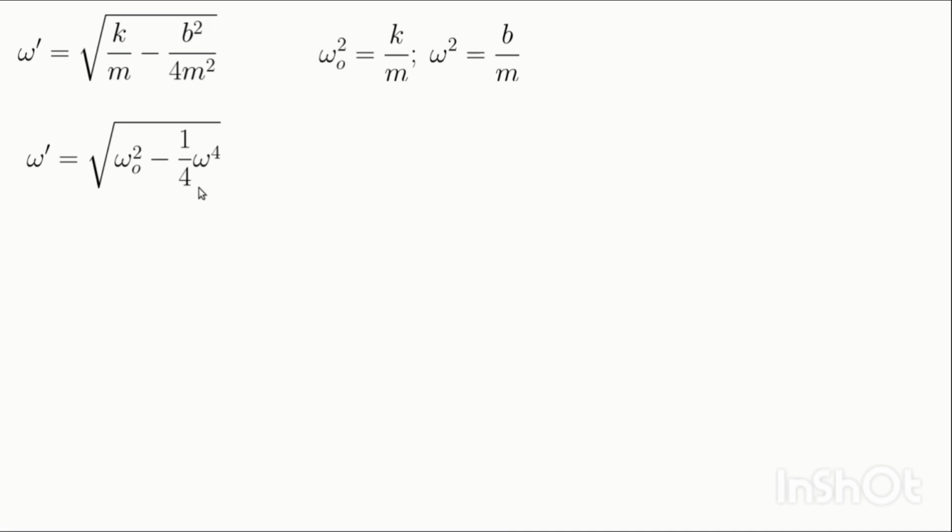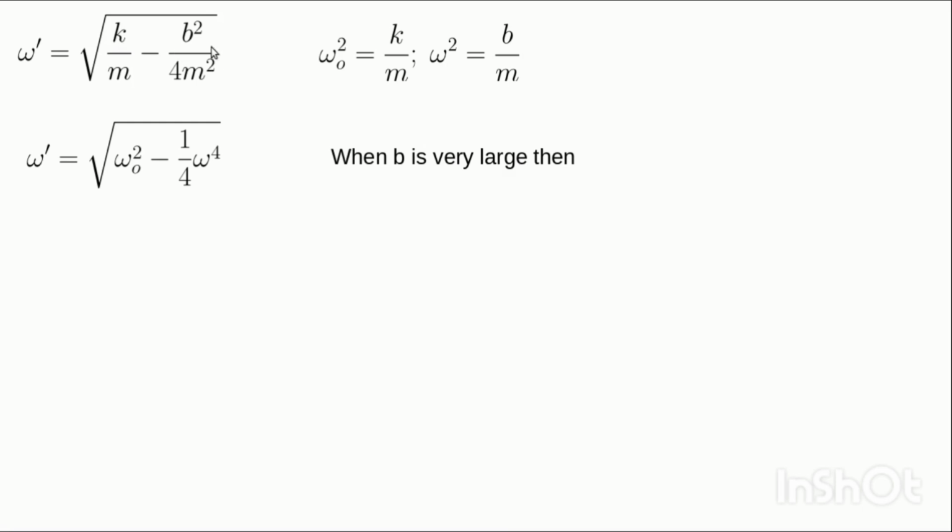At this point, we can say that when B is very large, take note, as B increases, a point will come where this one will be exactly equal to this.